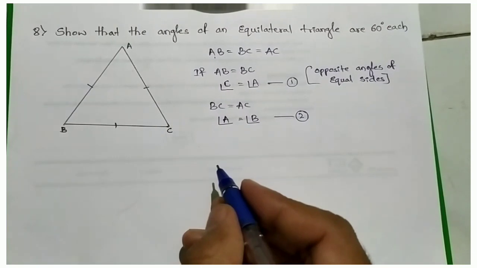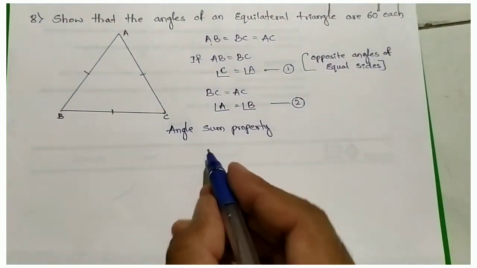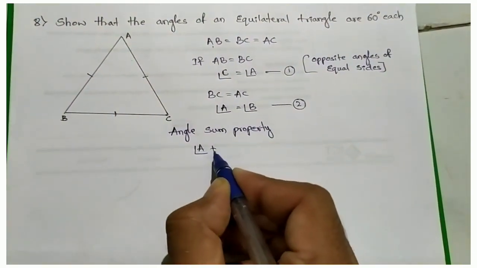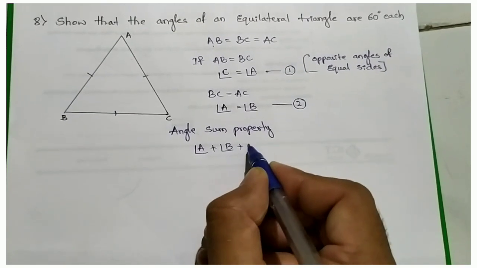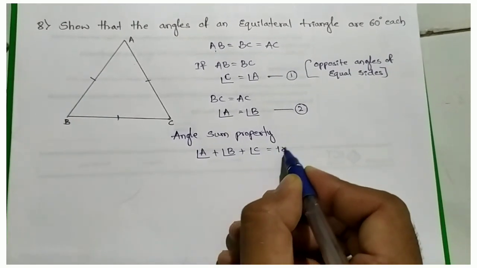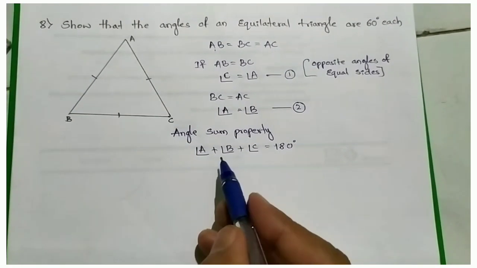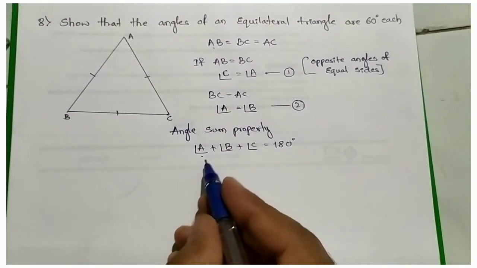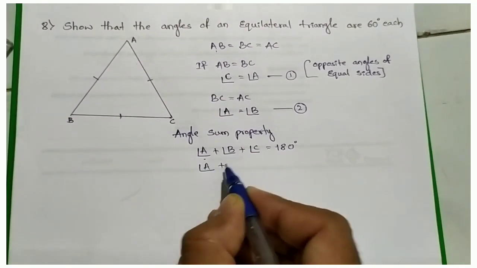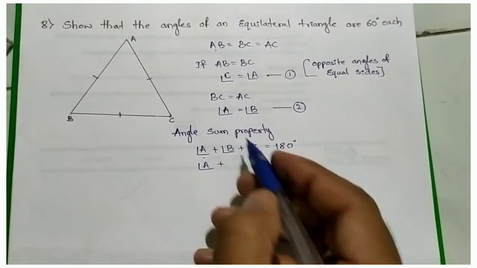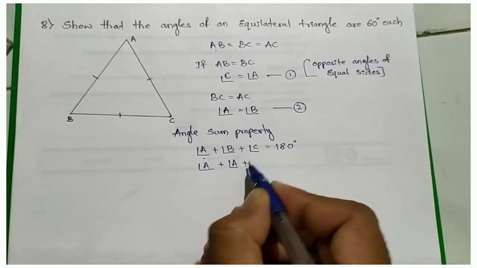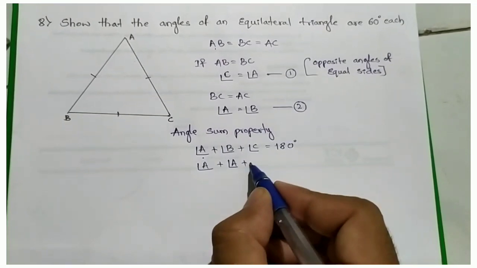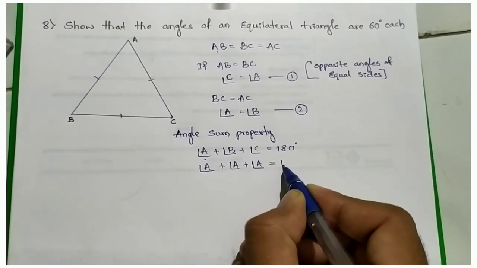Okay, so what is angle sum property? Angle A plus angle B plus angle C gives us 180 degree. For the angle A, write like that only. Angle B is equal to angle A, so write angle A, and angle C is also equal to angle A, equal to 180 degree.